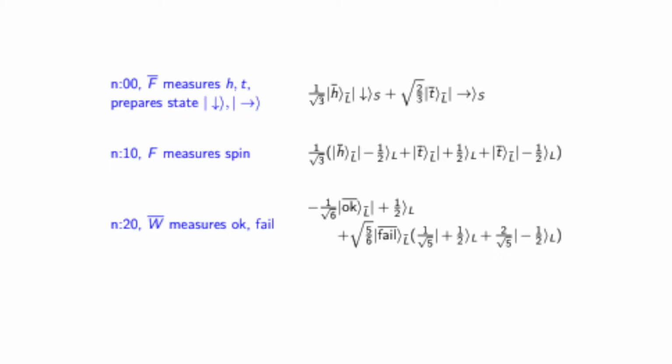The L bar refers to F bar's lab, and this refers to the state of the whole laboratory associated with F bar getting a heads outcome. And similarly, this state here refers to the whole laboratory where F bar gets a tails outcome, and that's correlated with the down state of the system.